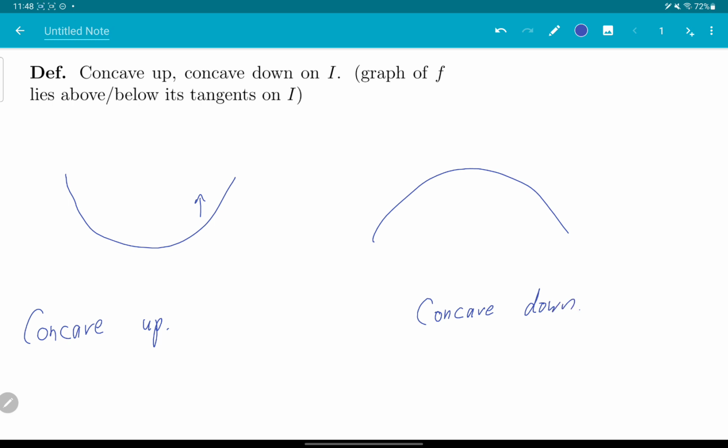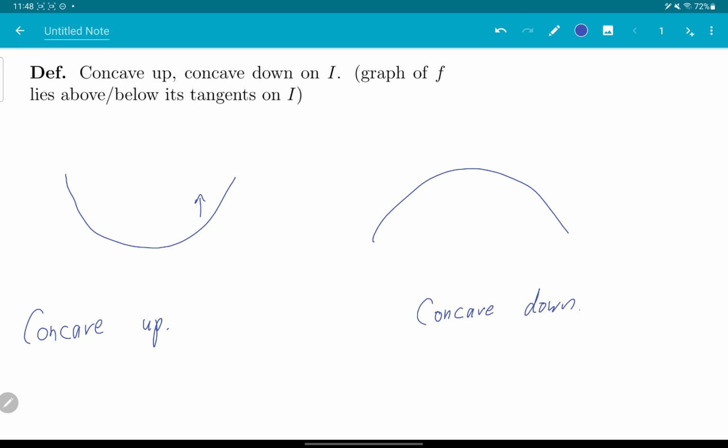These concavities can be more subtle than this. You can have something like this right here. This little guy is concave up. And concave down, you could have something just subtly concaving down. So it doesn't have to be so explicit, the concavity.